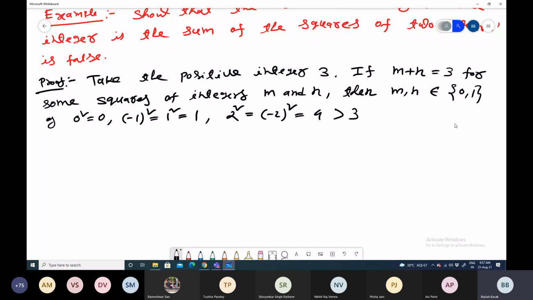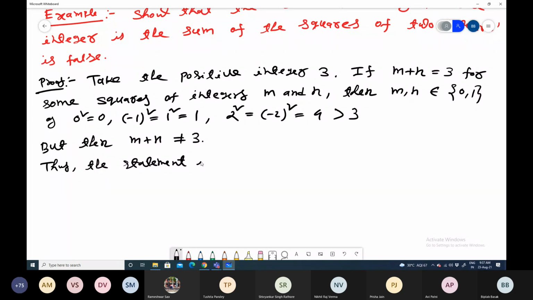But then m plus n cannot be 3, since 1 plus 1 cannot be 3. Therefore the statement is false. This is called proof by counter examples.